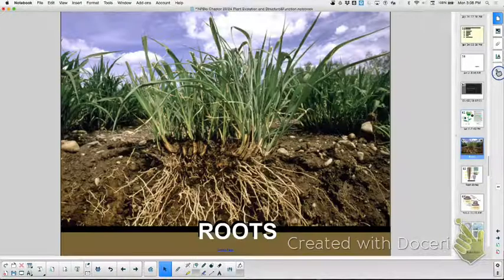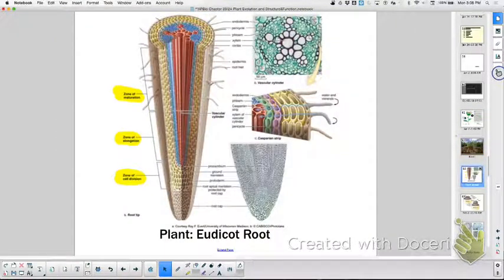Okay, then here it talks about roots, and this is structure and function. Zone of cell division, this is where you would see mitosis taking place. Zone of elongation, any guesses there? The cells get longer. And then zone of maturation, notice what section has root hairs?